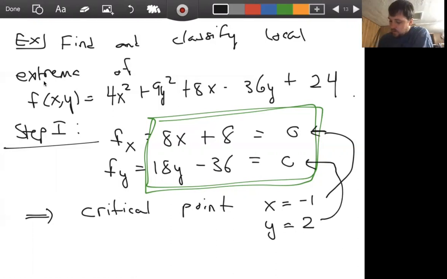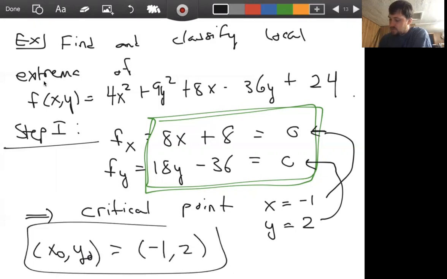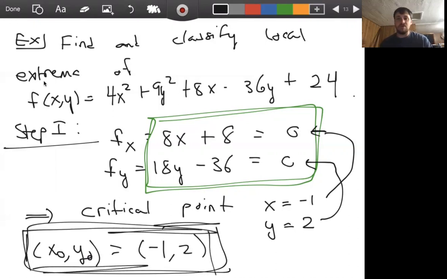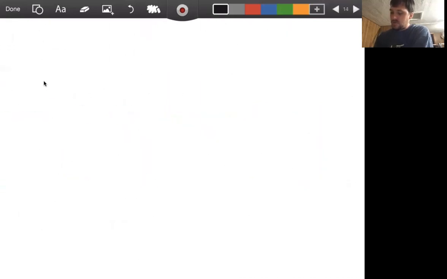And so we only need to apply the second derivative test to one point in this problem. In many other cases, you could have 2, 3, 4, etc. critical points, and you'd have to apply the second derivative test each time. So this was step one of our paradigm, to find the critical points, and we found that there was only one.